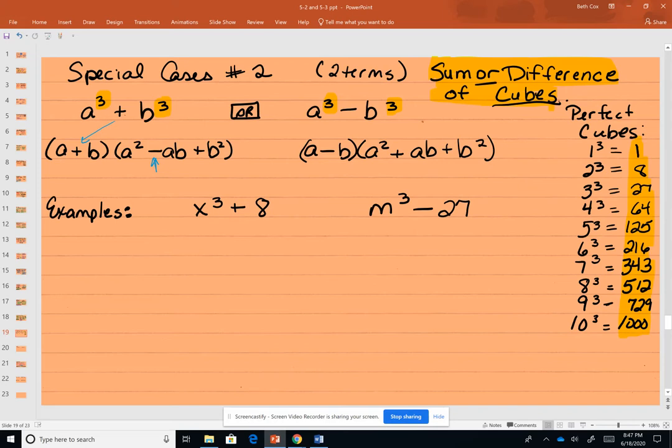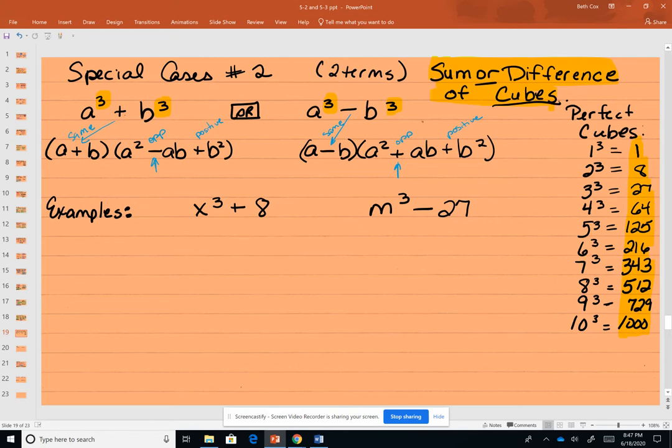And when we have a difference, it's the same sign, then the opposite sign, and then positive. So here we go. This one's a plus.